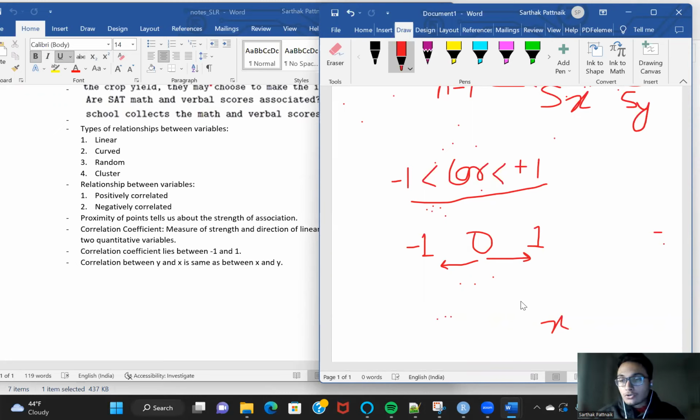The closer to 0 your correlation coefficient is, the weaker the correlation. Let me repeat myself. The further away from 0 your correlation coefficient is, the stronger the correlation. And point number 2, a positive correlation coefficient means the direction of correlation is positive, and if the correlation coefficient is negative, it means that the direction of correlation is negative or descending. So positive or ascending, negative or descending.